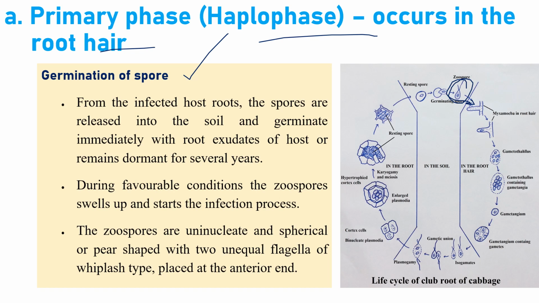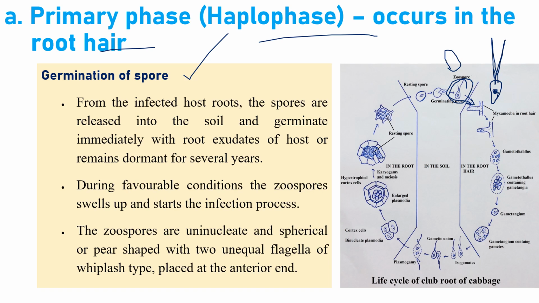The zoospore contains flagella, which get shed, and it starts to enter the root cells. The zoospore is generally pear shaped. The flagella type of Plasmodiophoromycota is anterior whiplash type.